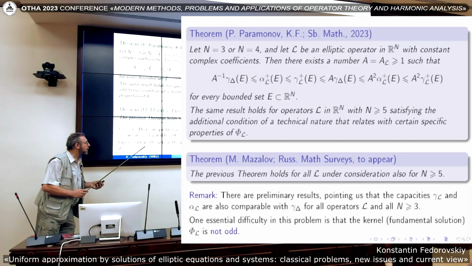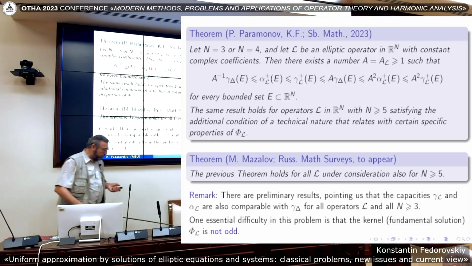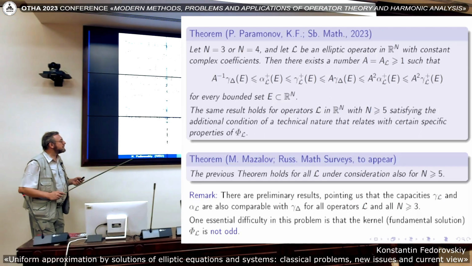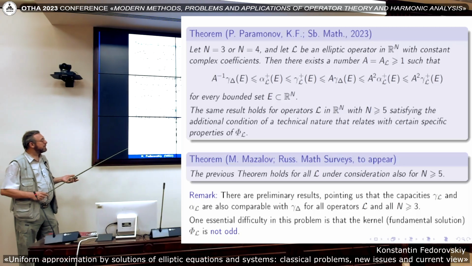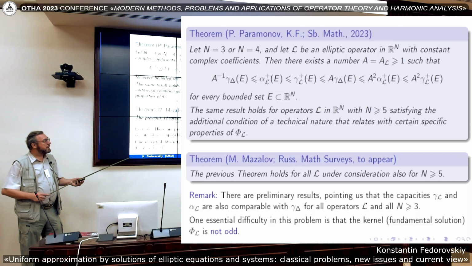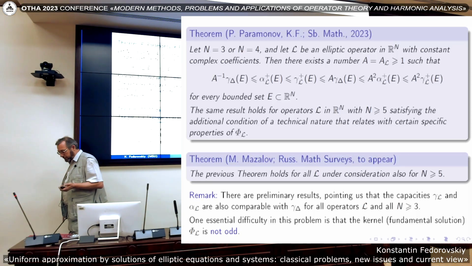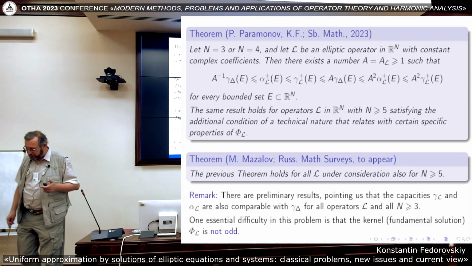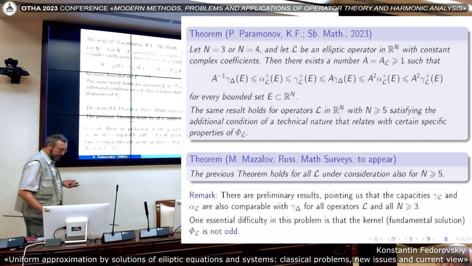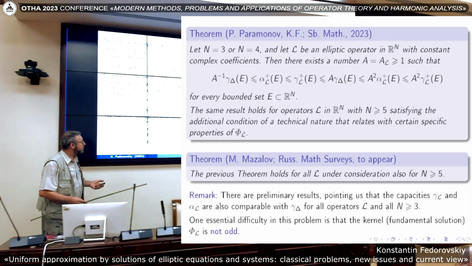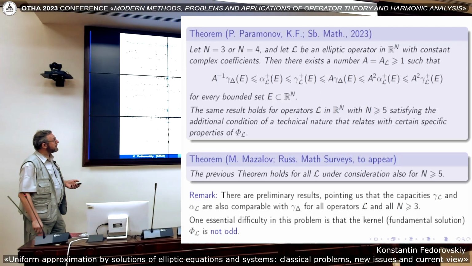And of course I have no time to enter into the proofs, but I want to highlight here that the essential problem is that this kernel phi L, or fundamental solution, in this situation is not odd, and it causes a lot of new, in principle, difficulties, which did not appear in the case, for example, of analytic capacity in the plane. But here the results sound very, very interesting.